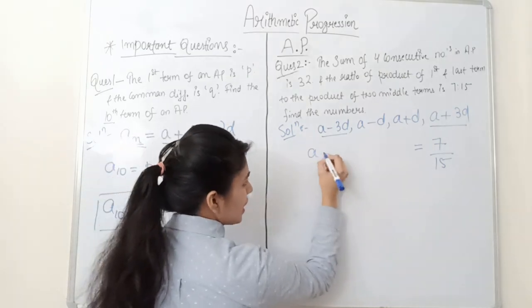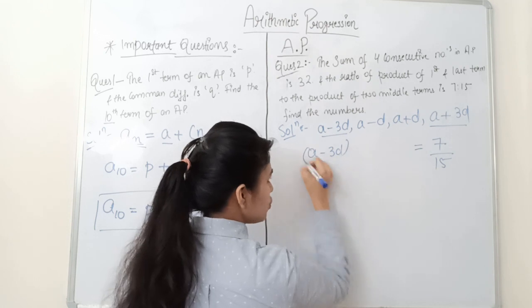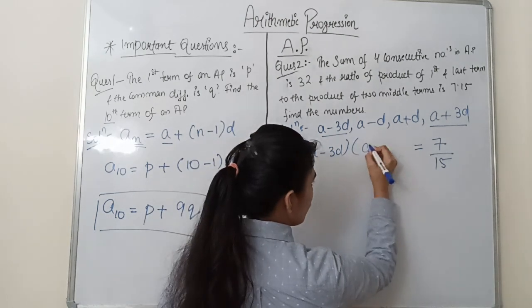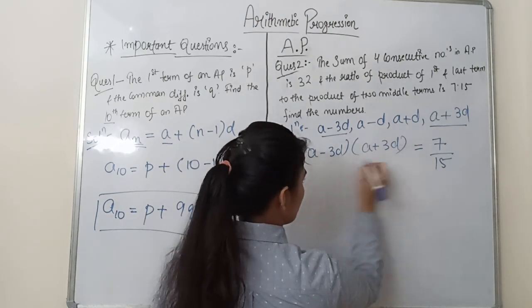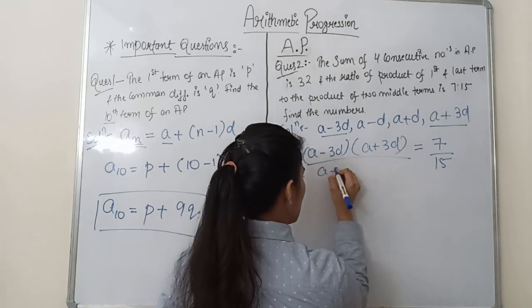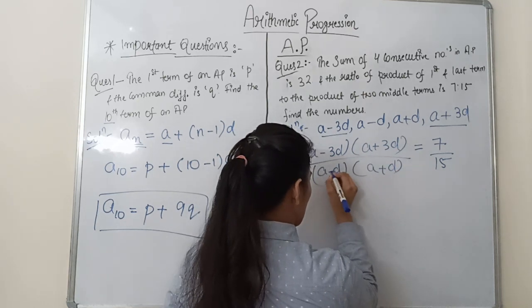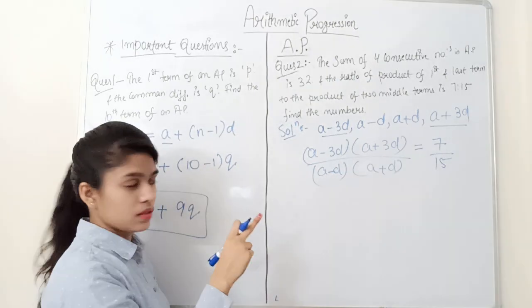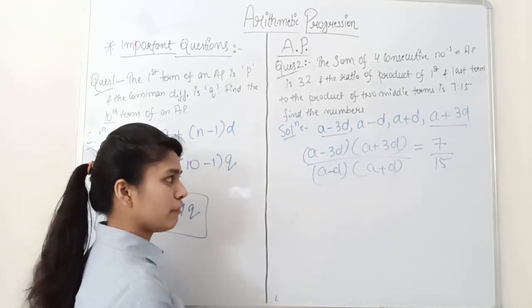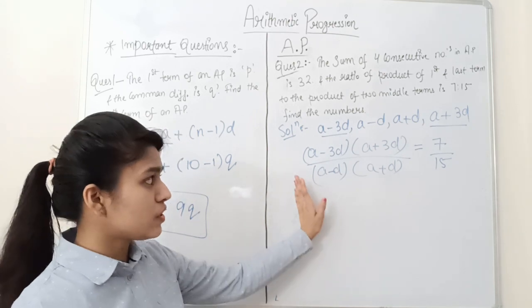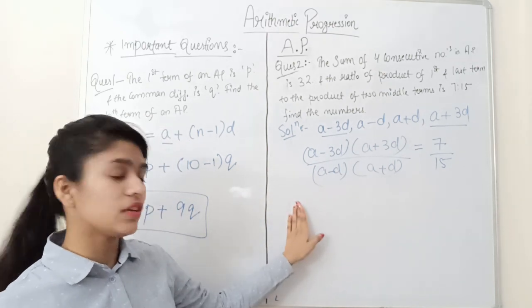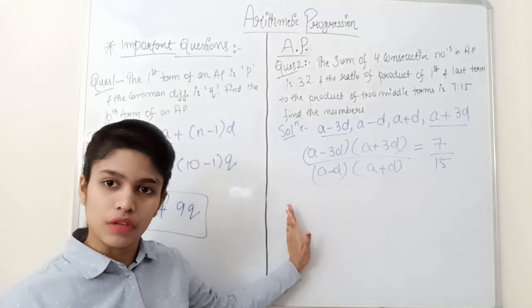So a minus 3d into a plus 3d, divided by a minus d into a plus d, equals 7 by 15. Now we will solve this and find the value of d.